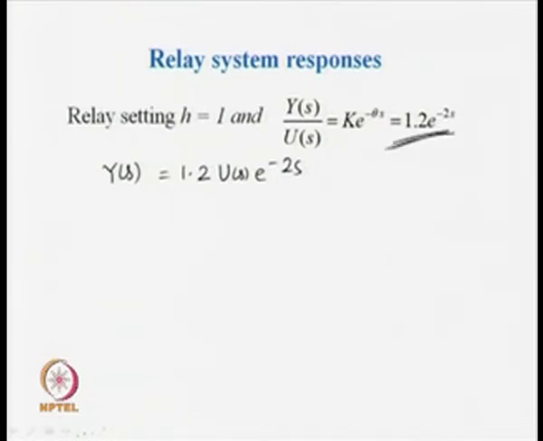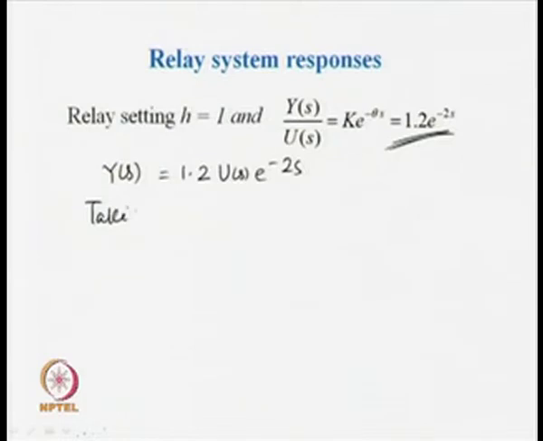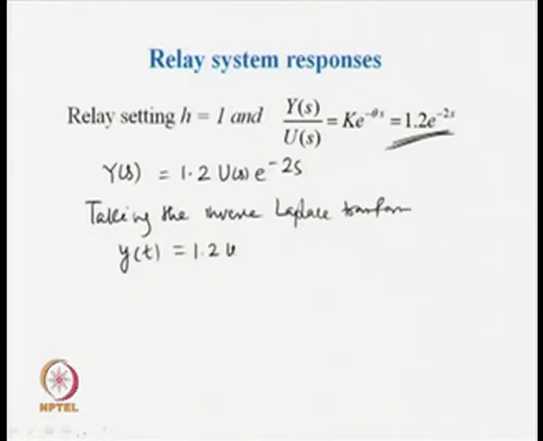So that we shall be able to follow the type of waveform we expect from the system when the input has some typical form. So, taking the inverse Laplace transform, I get y(t) equal to 1.2 u(t minus 2).